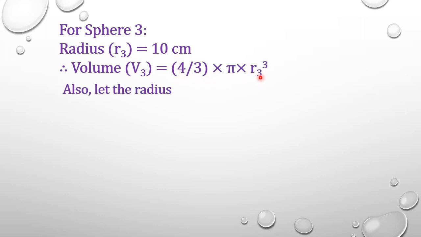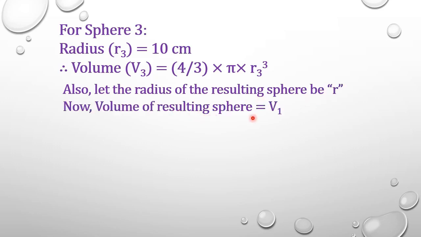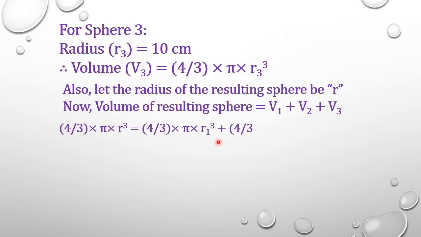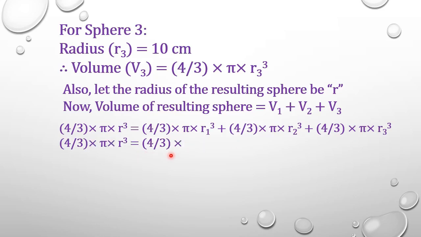Also, let the radius of the resulting sphere be r. Now, volume of resulting sphere is equal to V1 plus V2 plus V3. 4 by 3 into pi into r cube is equal to 4 by 3 into pi into r1 cube plus 4 by 3 into pi into r2 cube plus 4 by 3 into pi into r3 cube. 4 by 3 into pi into r cube is equal to 4 by 3 into pi into r1 cube plus r2 cube plus r3 cube.